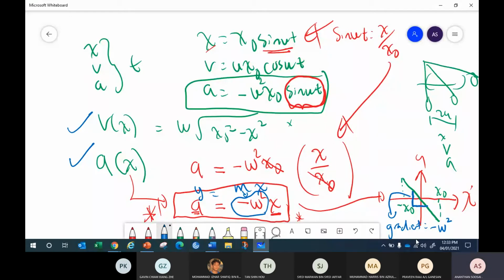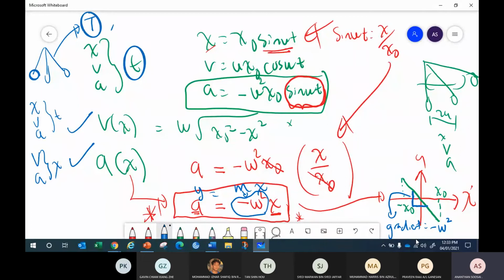Now in any SHM question, if they want you to find the displacement, velocity, acceleration at any given time, or velocity and acceleration at any given displacement, you should be able to find them. The information they must tell us is the period and the amplitude.